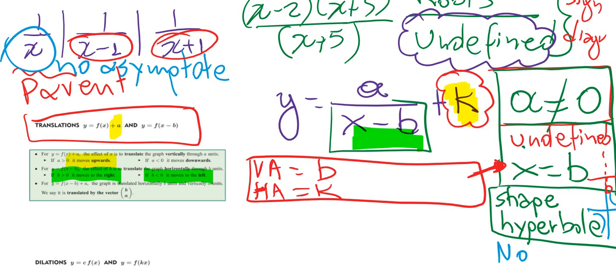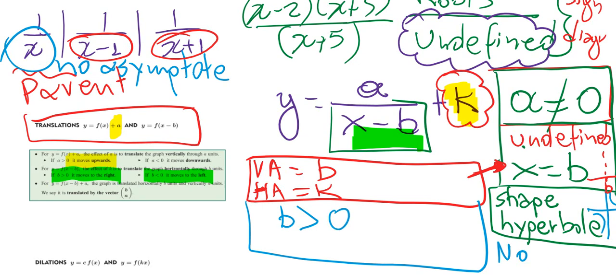I have a trick to remember that. When we say b is larger than 0, you see the point of the arrow? That's the point of the arrow, it moves to the right. When b is smaller than 0, you see where it goes? It moves to the left. So this is what I want you to remember about the translation.